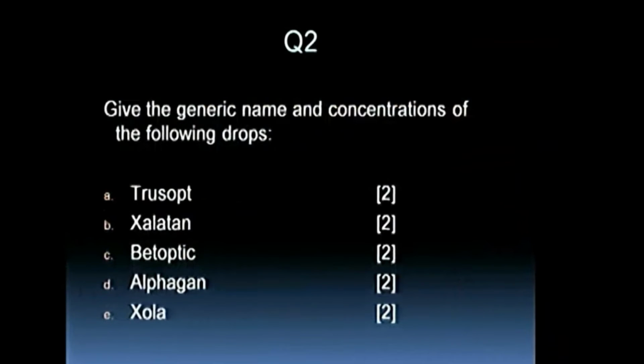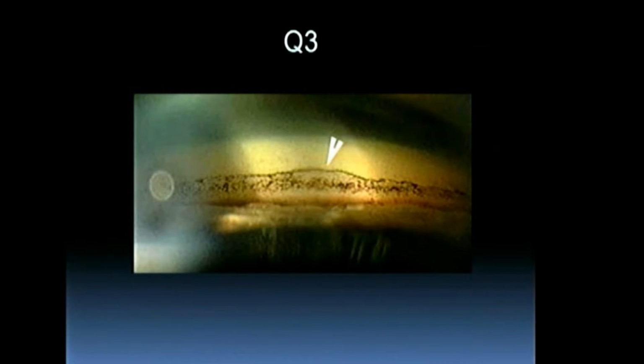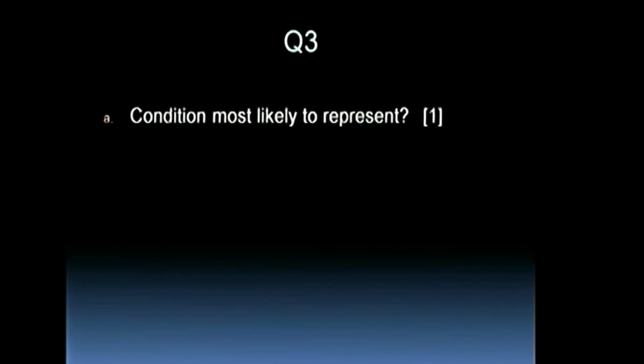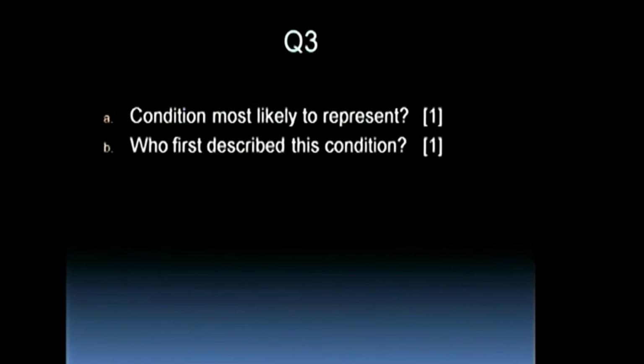Question 2 was this question about drops. These are the brand names. Give the generic name and the concentration. Question 3 was about this feature on gonioscopy. What condition is this likely to represent? Who described the condition?